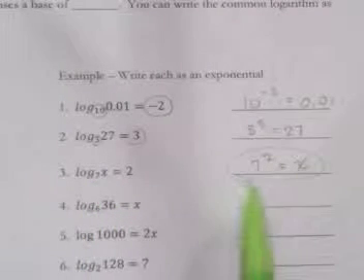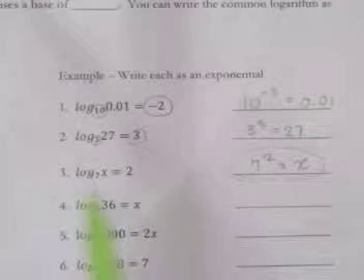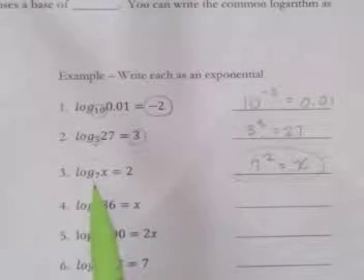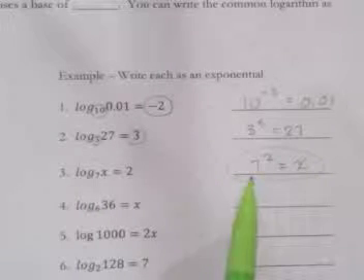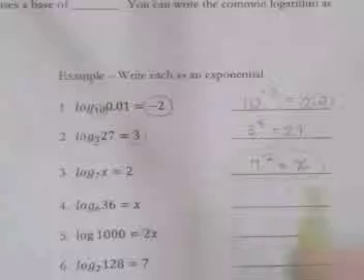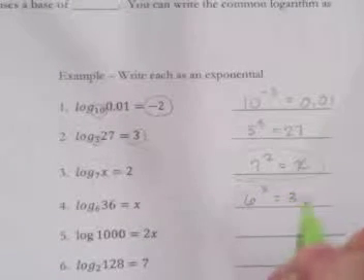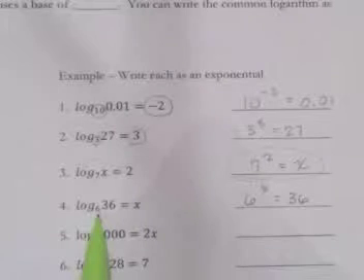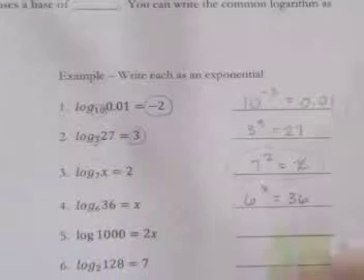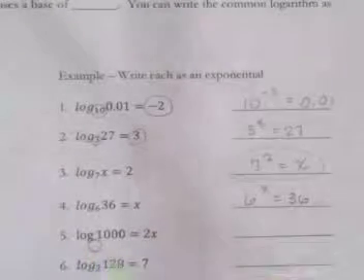Base, exponent, and that's what it's equal to. Now notice by rewriting it, all of a sudden I have something that I can solve. It's not real clear to me what x is when I look at it in this form, but when I rewrite it, I see that x has to be 49, 7 squared. 6 to the x power equals 36 in this instance. And notice there's no base in number 5.